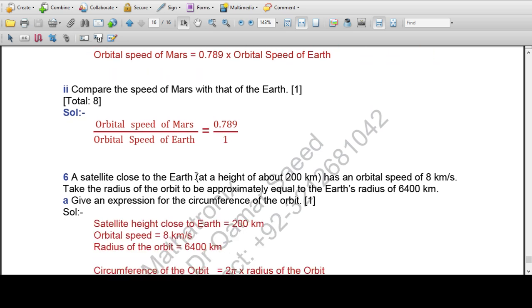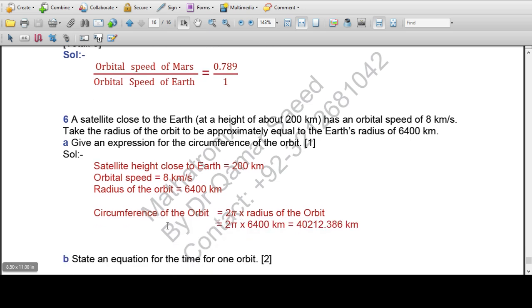A satellite close to the Earth at a height of about 200 km has an orbital speed of 8 km per second. Take the radius of the orbit to be approximately equal to the Earth radius of 6,400 km. Give an expression for the circumference of the orbit. The satellite height close to the Earth is 200 km. The orbital speed is 8 km per second.